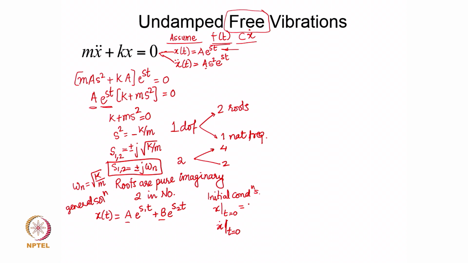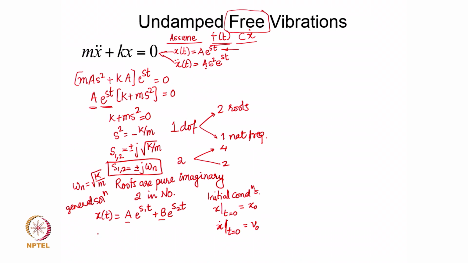If I call x at t is equal to 0 as x naught and x dot at t is equal to 0 as v naught, these are the two initial conditions at time t is equal to 0. We call it initial conditions because at time t is equal to 0, those are the two impressed or given initial input to the system.